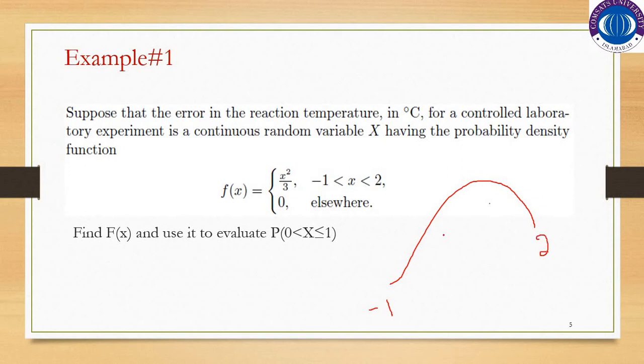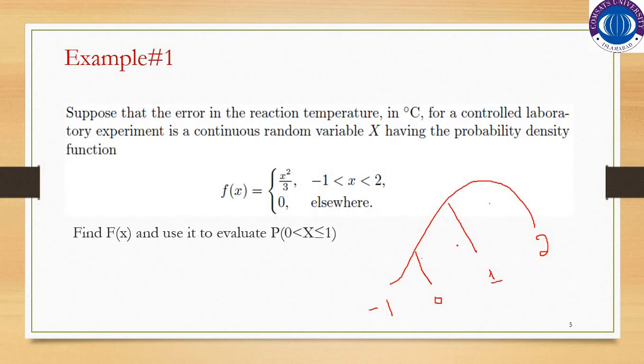If they ask you to find the probability between 0 and 1, 0 should be somewhere here, and 1 should be here.